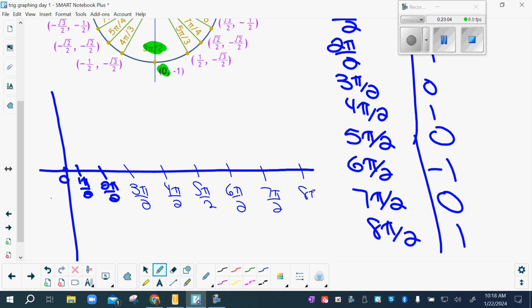Okay, graph it. Put your dots on. When you do it, you're going to be like, really? It looks almost the same. And there's only one tiny difference, and we'll talk about what that is in a second.